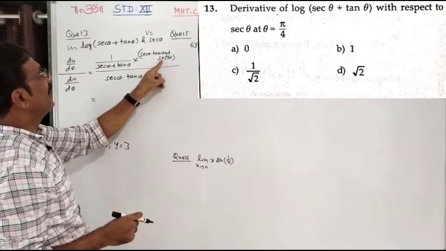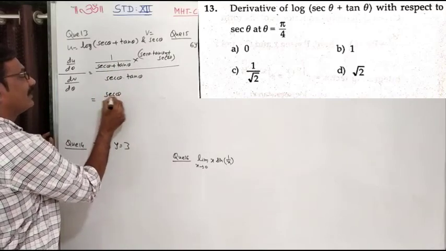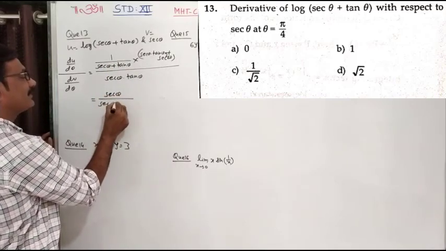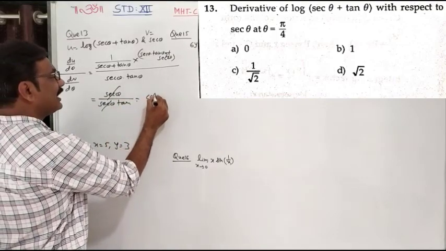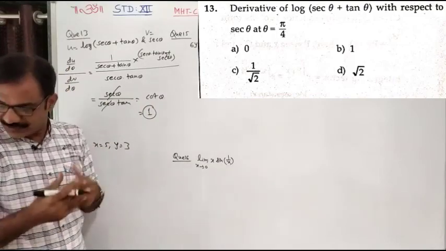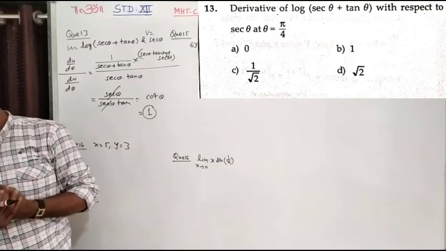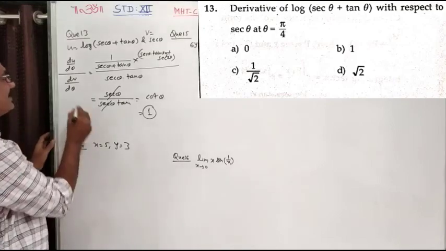Okay? Yeah, in the bracket sec theta plus tan theta, which gets cancelled. So you just have this. ये cancel हो गया, ये ऊपर जाएगा cot theta, cot pi by 4, it is 1. So your option is B.